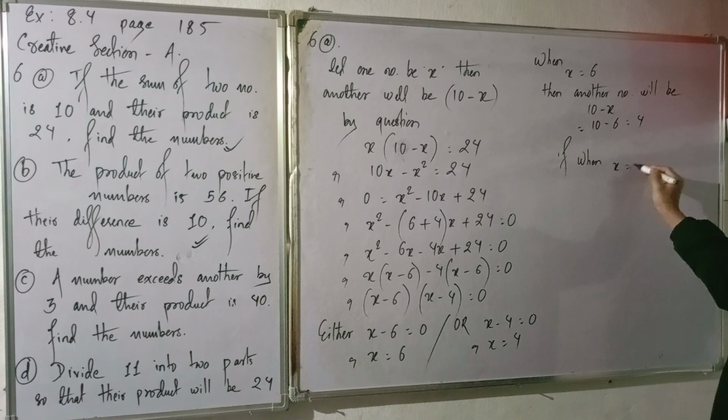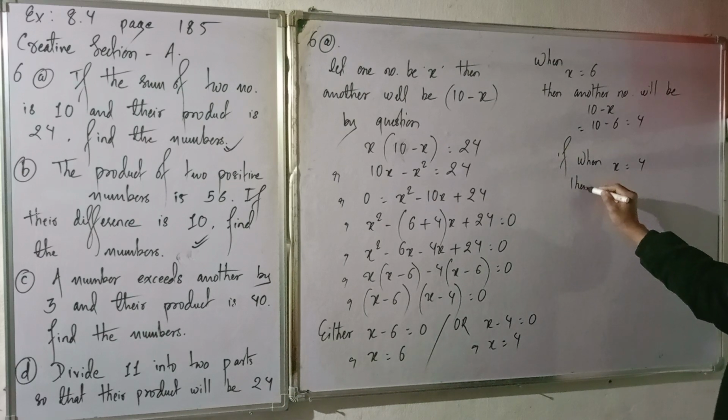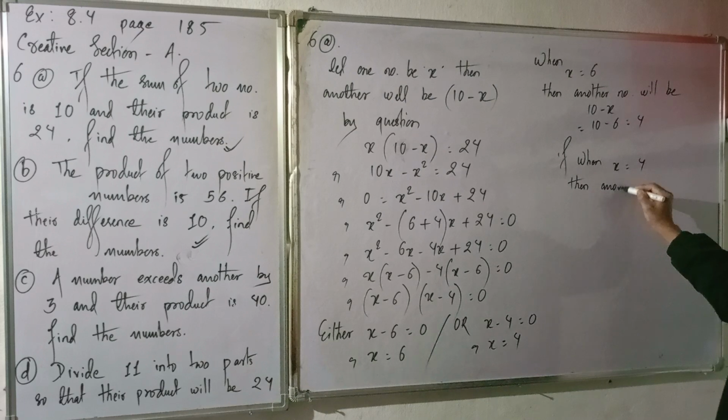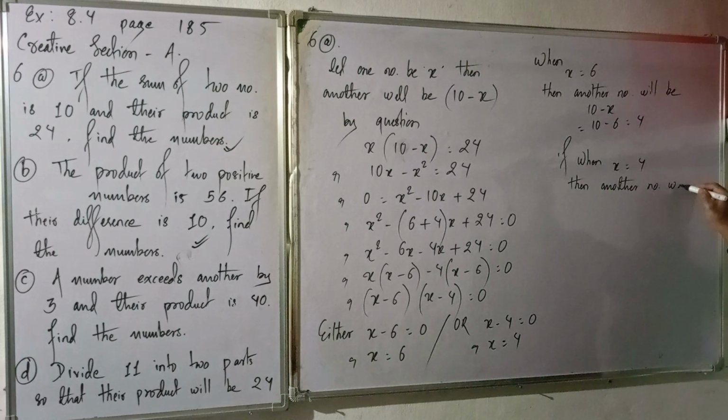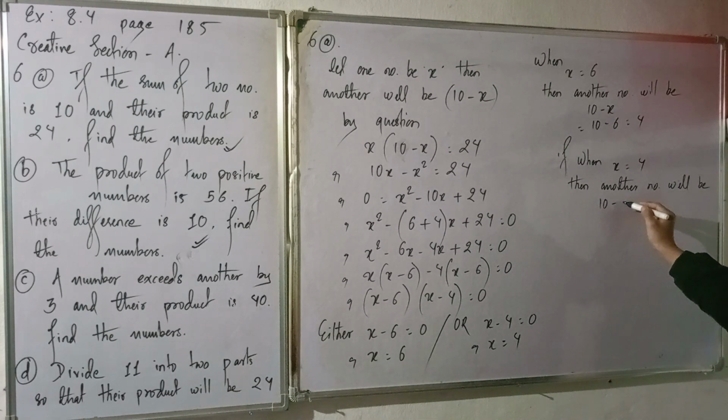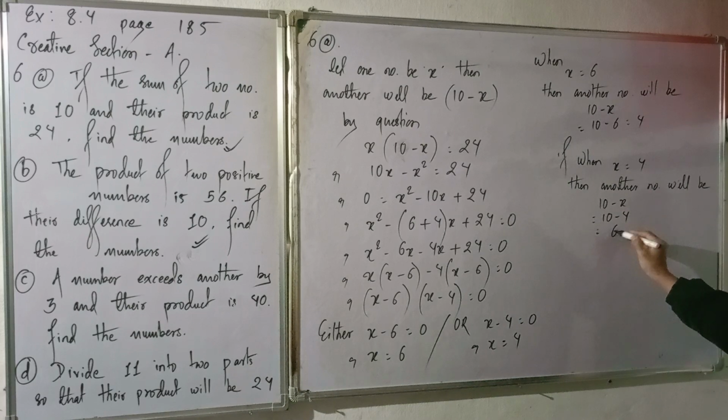When x is 4, then another number will be 10 minus x, that is 10 minus 4, which is 6.